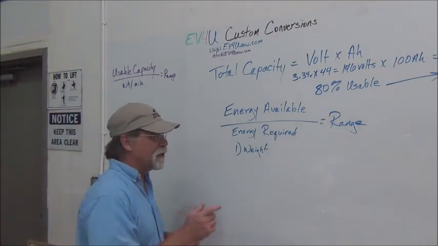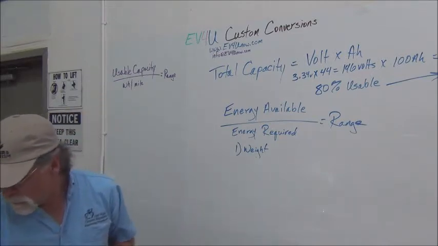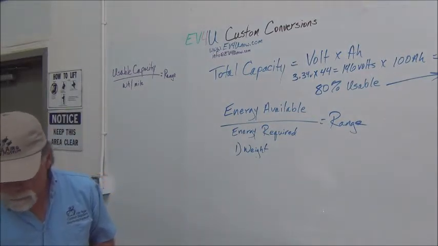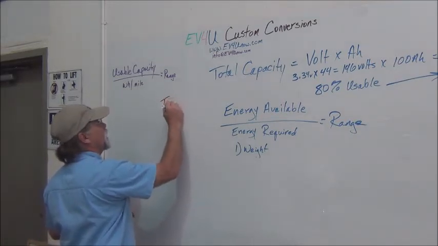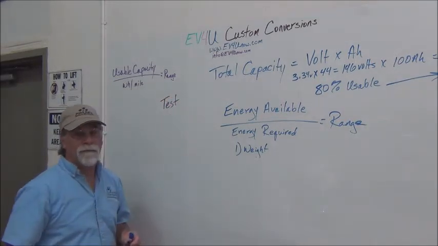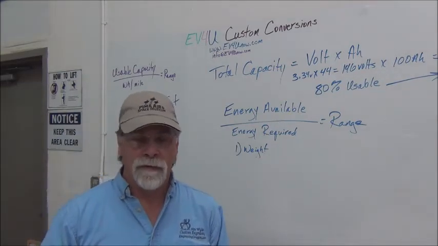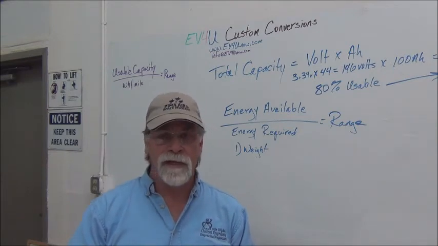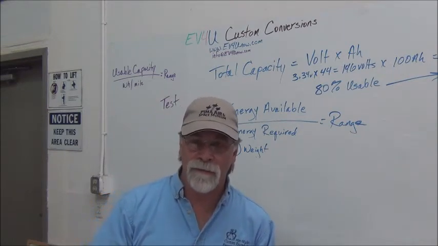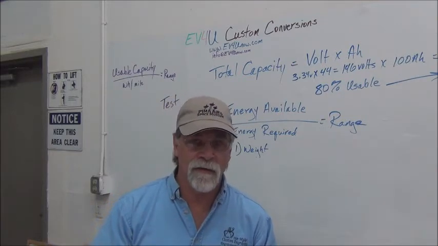Well, here's the formula we use. We're going to test by driving a vehicle that we know the capacity of the pack, and thus we know the usable capacity. We can weigh the car and we know the weight of the vehicle.